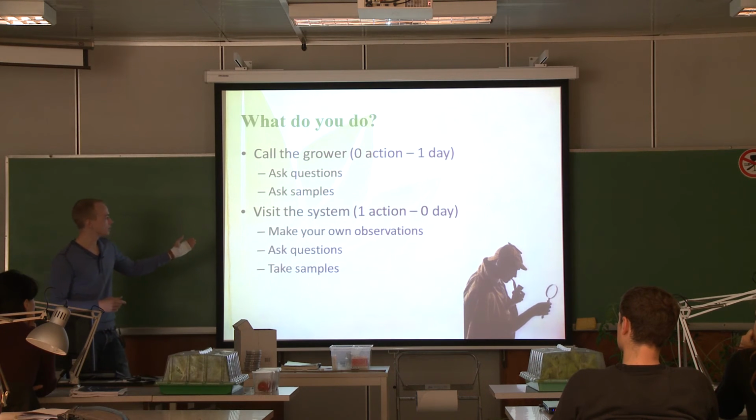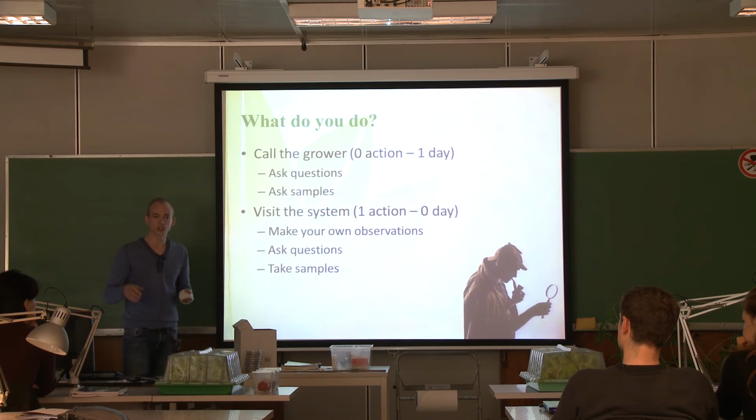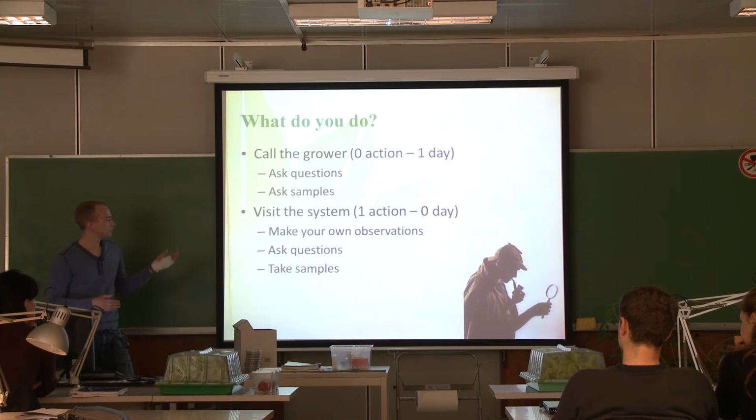By visiting the system, you can make your own observations, see the symptoms by yourself, the localization of the symptoms, and so on. And you can, for sure, ask questions to the grower and take samples for eventual laboratory analysis. So now, what do you think is the best to do? Call the grower or visit the system?